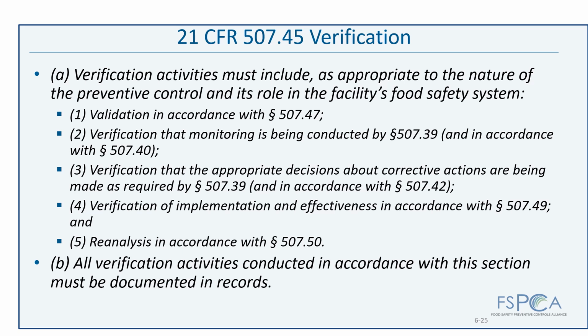And of course, all of these need to be conducted in accordance with the records keeping section of the regulation. So you can see that the actual regulation kind of echoes the image that we saw on the last slide, where we have verification as a whole and then validation and all of the other verification activities under that verification umbrella.